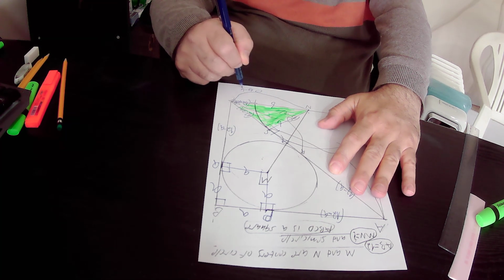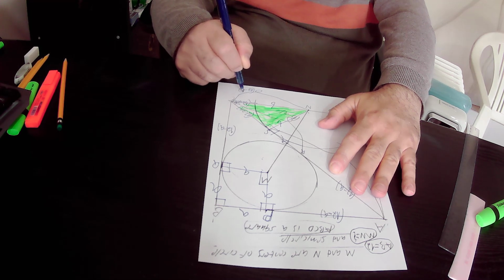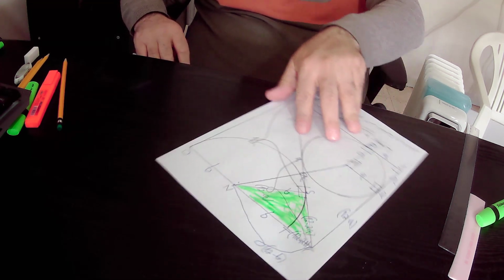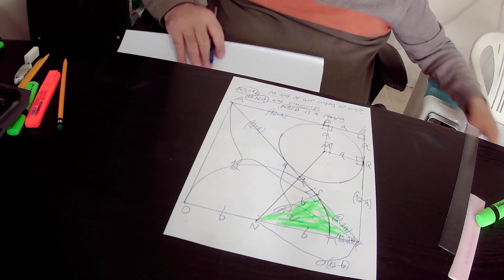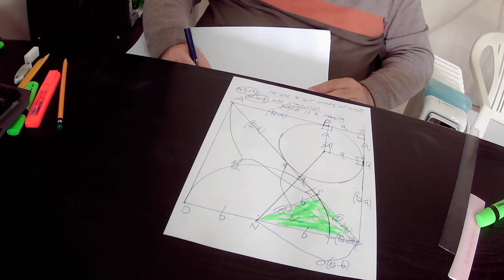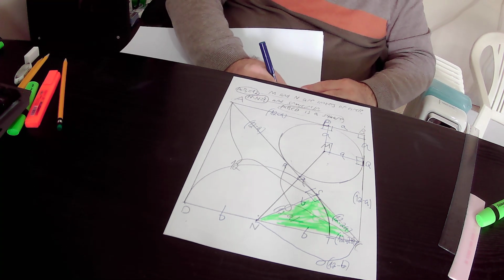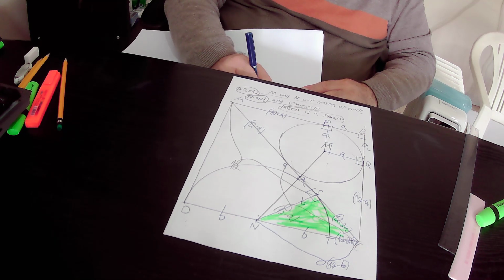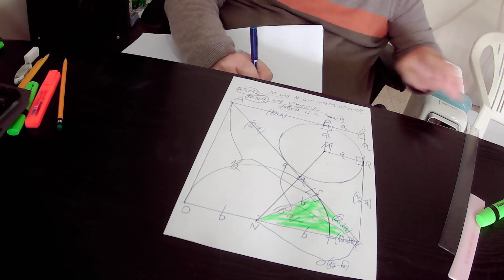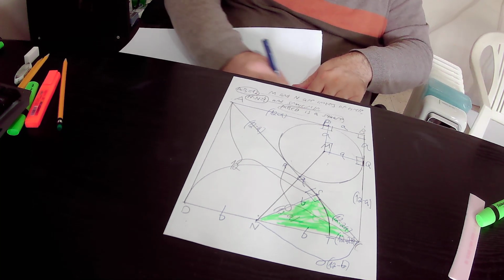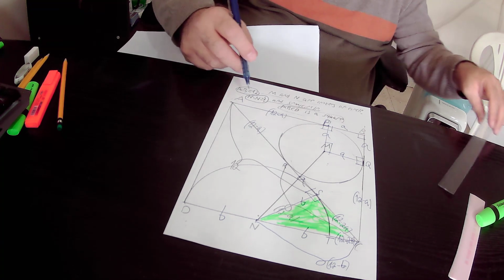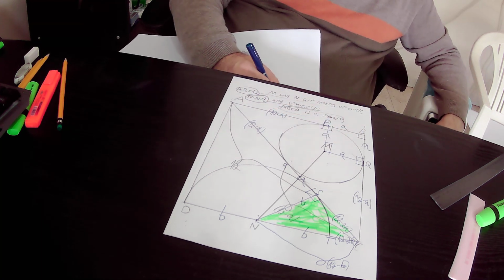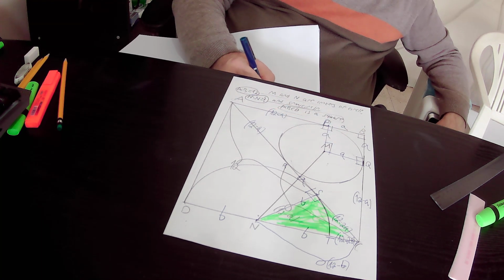Now we will implement the Pythagoras theorem on the right green triangle, triangle NSC. According to the Pythagoras theorem on the right green triangle NSC, this will be equation number 2. The square of the hypotenuse is NC squared, and it must be equal to the sum of the squares of the perpendicular sides.